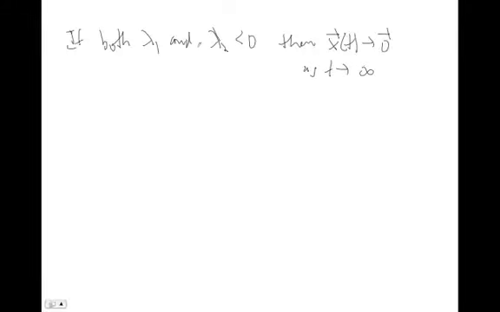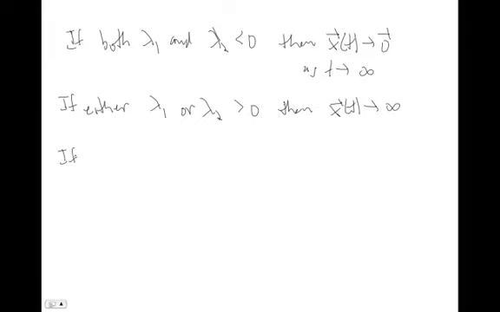So basically, both of them are stable, they're both decaying away to 0, and then x, which is just the combination of the two, is also decaying away to 0. So if either lambda 1 or lambda 2 is greater than 0, and of course if both are greater than 0, it's the same thing, but only one needs to be greater than 0, then x of t goes to infinity as time goes to infinity.